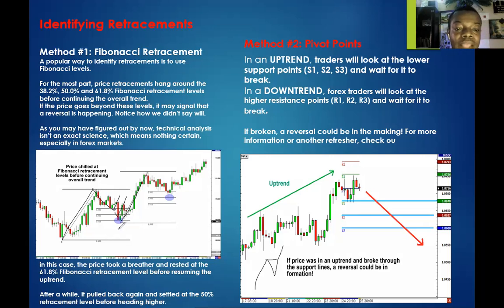But if the market gets to this place or this place, that should give you a signal, a notice, that there is less chance for this market to return back. But there is a possible chance for the market to reverse and break the previous low. Okay, so this is what we know as Fibonacci.